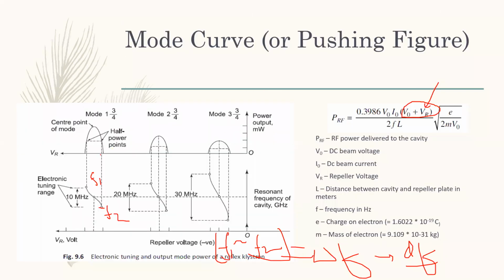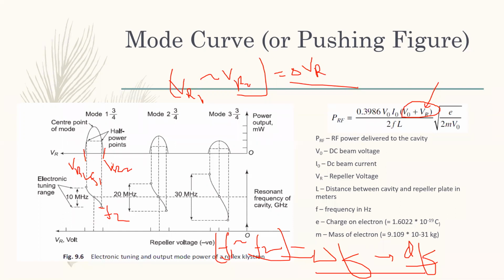And here you can see that we have two voltages, say for example VR1 and VR2. The difference between VR1 and VR2 will give me delta VR. That is a small change in the repeller voltage and a small change in the frequency here, this one and this one.